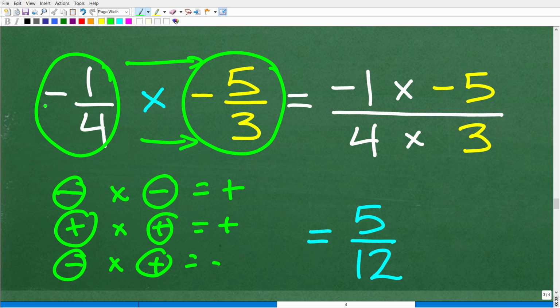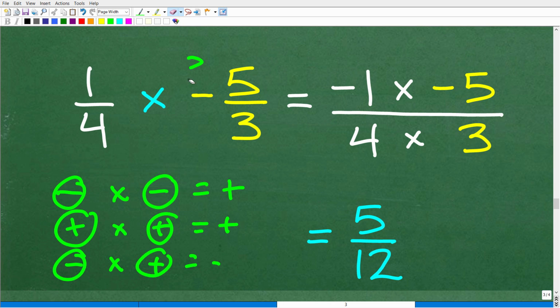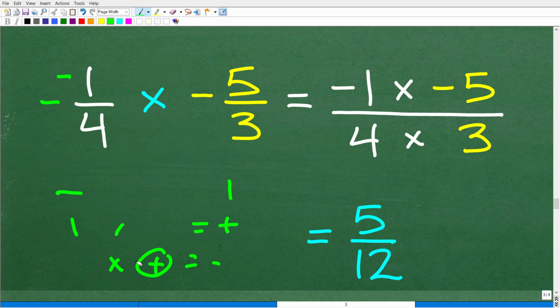So you can just think of these negative numbers, or just drop the negative sign if you want. But if you're confused and saying, hey, Mr. YouTube Math Man, does this negative sign go with the numerator? Let me write this out, because this is a very confusing part of working with positive and negative fractions. We have negative 1/4.